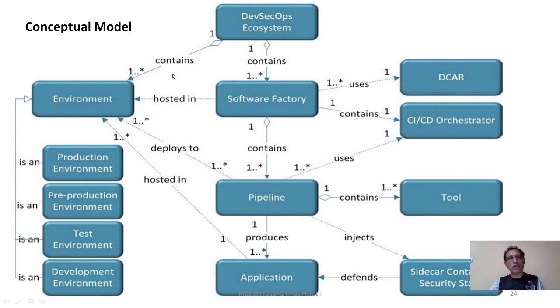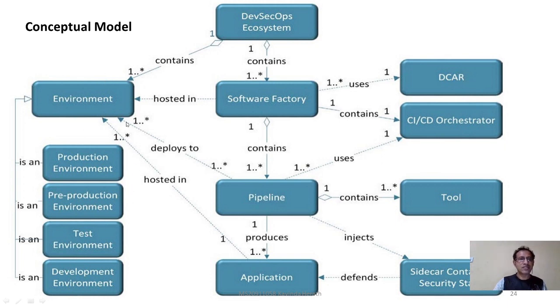The conceptual model looks like this, here is the DevSecOps ecosystem, right? Software factory and pipelines, applications. Those are the four areas. They are connected with the environment. The environment is directly connected with the production environment, pre-production, test environment, and development environment.